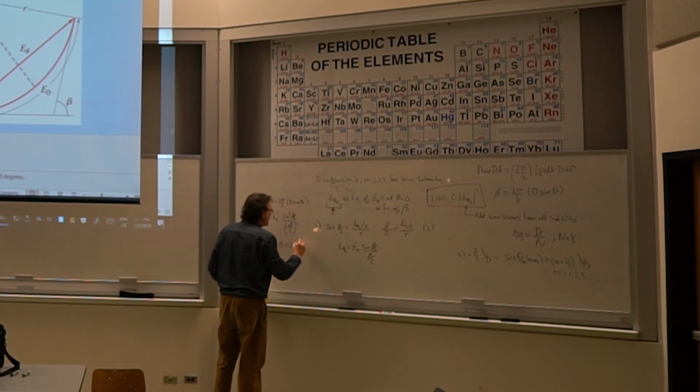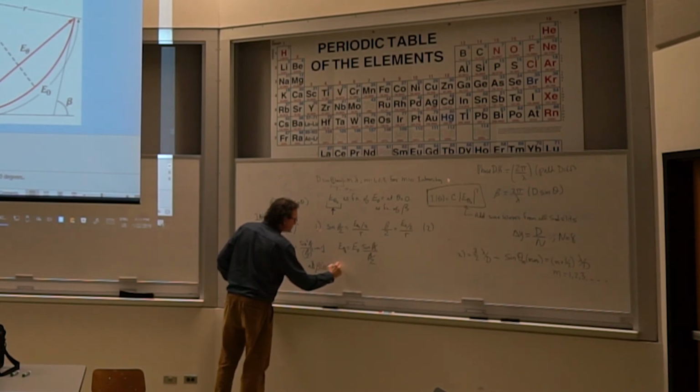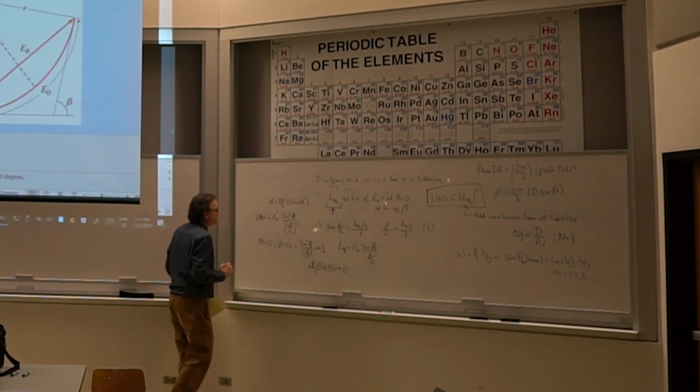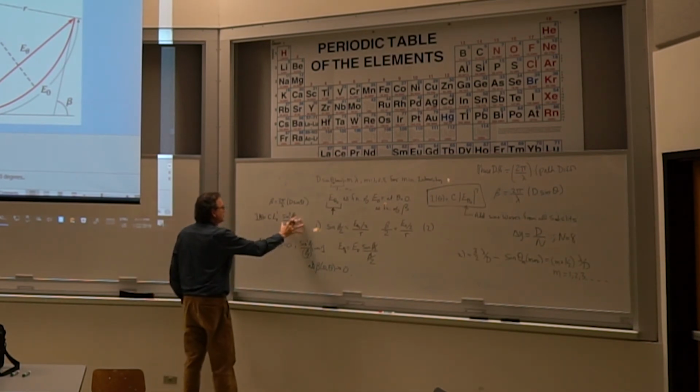And the answer is that in the limit that beta goes to 0, sine squared of beta over 2 divided by beta over 2 squared goes to 1 as beta, or theta, goes to 0. So as theta goes to 0, this whole term becomes unity.